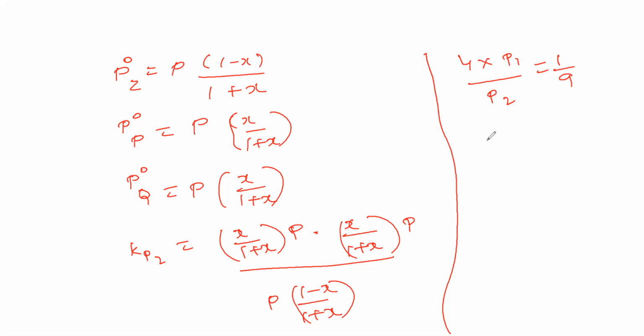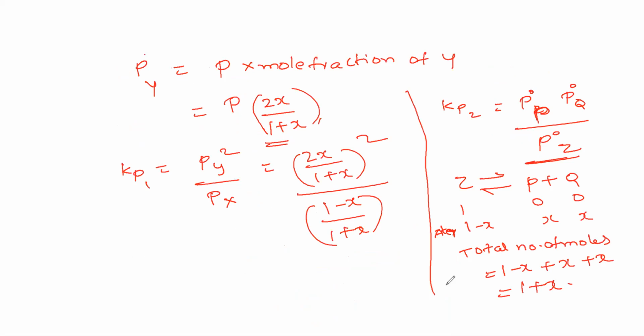We can say total pressure values P1 by P2. Here it's P2 for this case, and for the previous case we can write P1. For this case we can write total pressure, that is P1 into 2x by 1 minus x square.